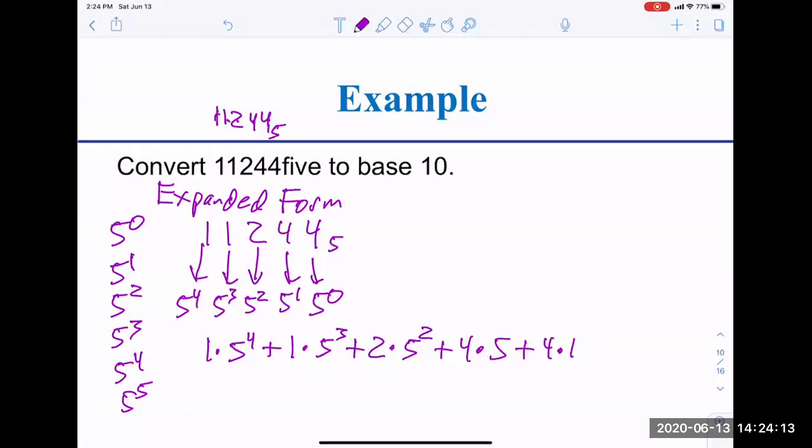Now we're going to need a calculator here. This is 1 times 625, that's 5 to the 4th. 1 times 125, 2 times 25. Plus 4 times 5. And I'll leave the 4 times 1 there.